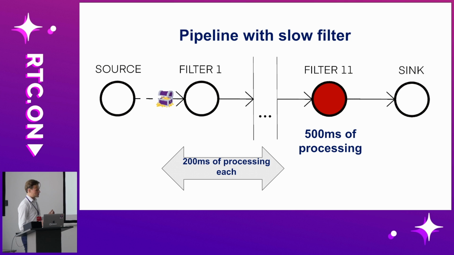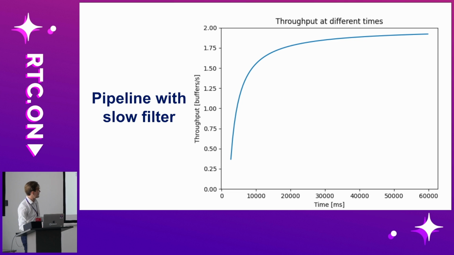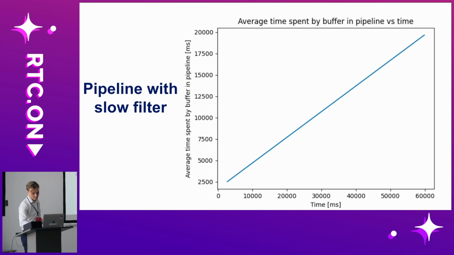And what consequences does it have? Basically, when it comes to throughput, we can expect that it will decrease, and now it stabilizes at around 2 buffers per second, but that's also something we can expect, because now the slowest element processes 2 buffers per second, so we cannot exceed this limit.